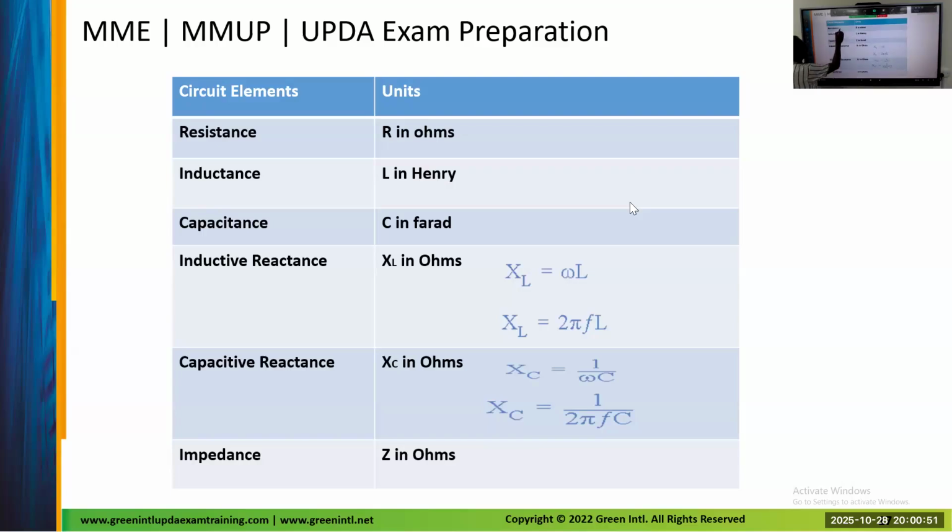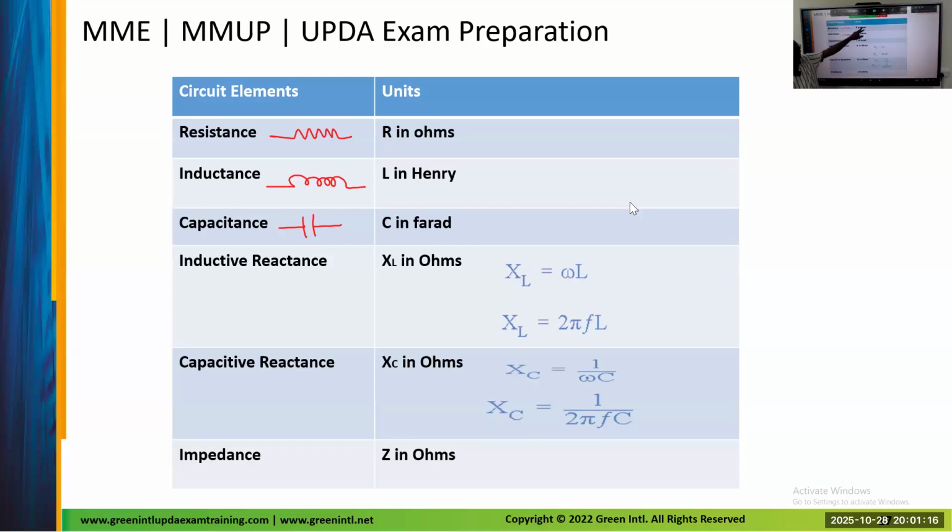Resistance is denoted by this symbol. Inductance, capacitance. Resistance is denoted by the letter R, unit is ohms. Inductance L in henry, capacitance C in farad.